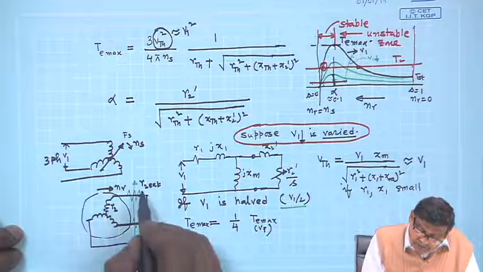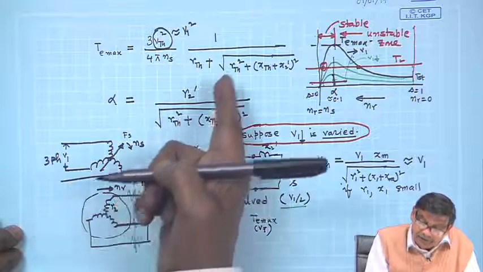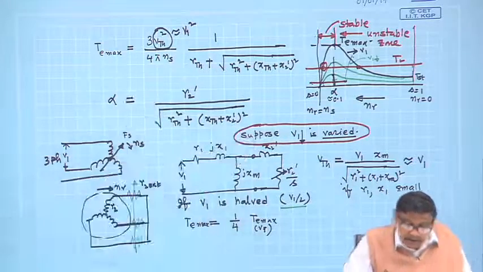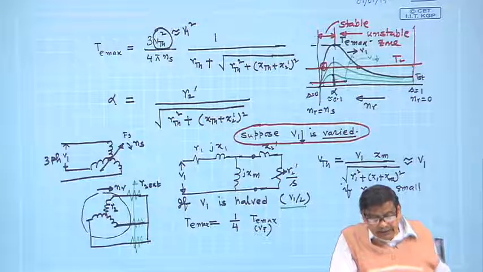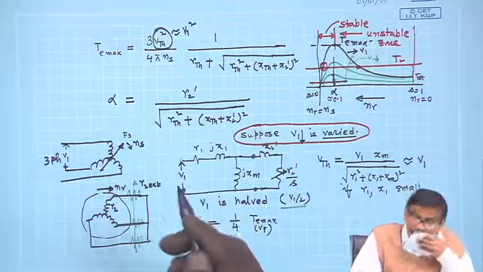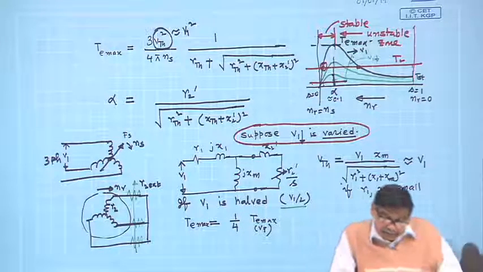And this R2 plus R2 external dashed, then I have to substitute in the expression of the electromagnetic torque as well as in the value of the slip at which maximum torque occurs. So, you see this is the thing.